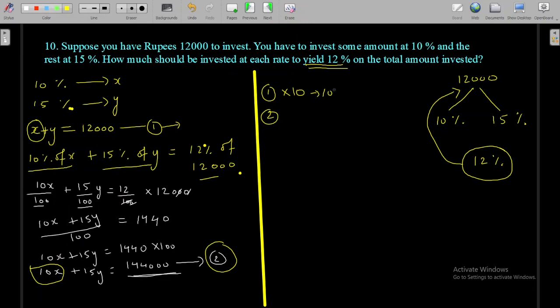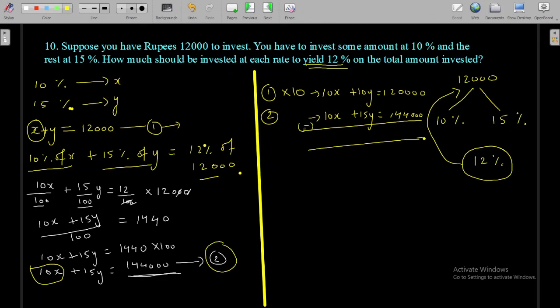So I'll get 10x plus 10y is equal to 1,20,000. So similarly, I'll get the next equation, 10x plus 15y is equal to 144,000. So these are our two equations. Now how to solve this one? That is subtract.